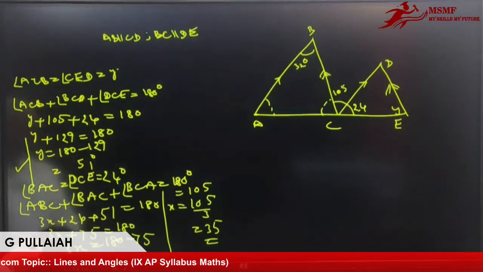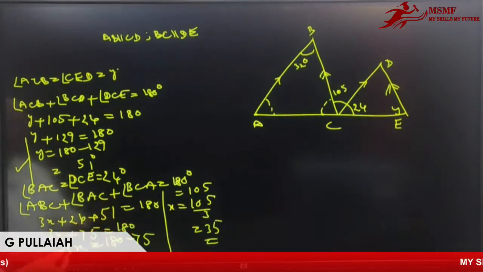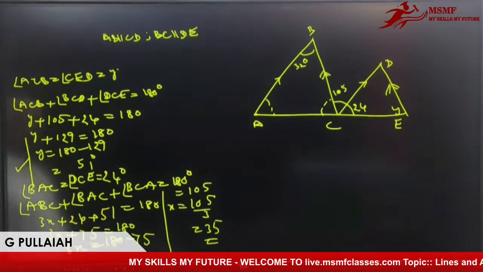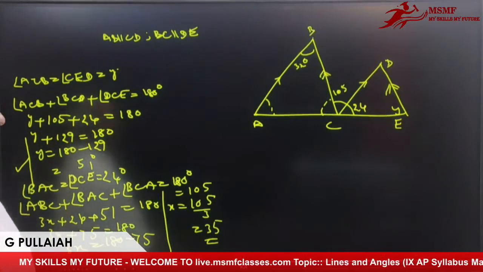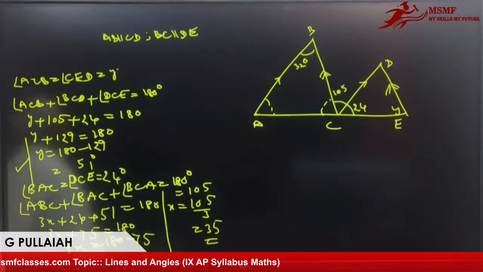ABC is 3x, BAC is 24 and BCA is 51, that is 180 degrees. Therefore 3x plus 75 is 180. Therefore 3x is equal to 105 and x is equal to 35 degrees. Thereby the value of x is 35 and y is 51 degrees.